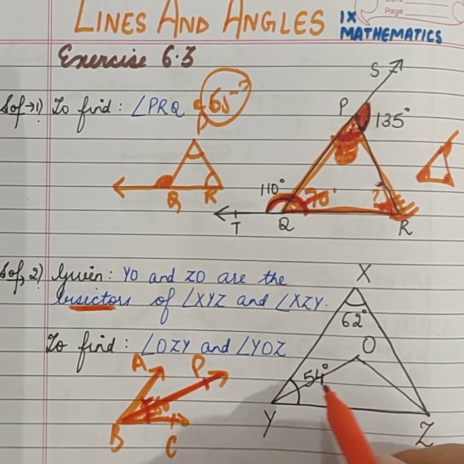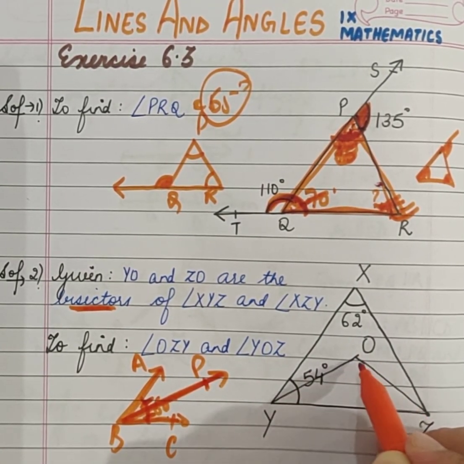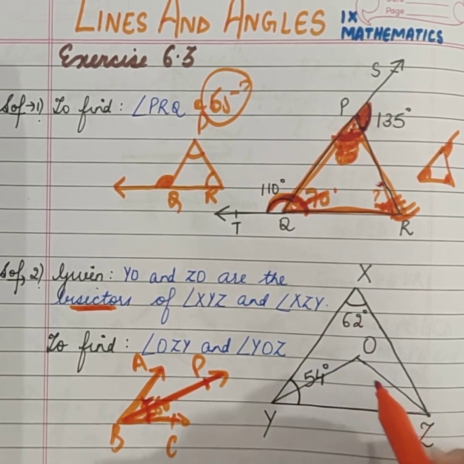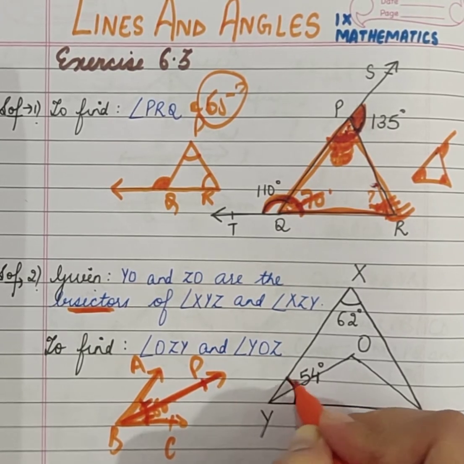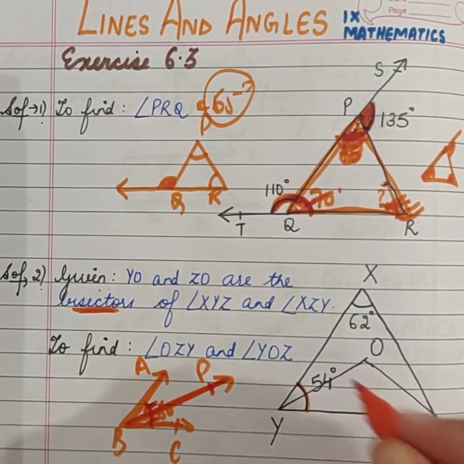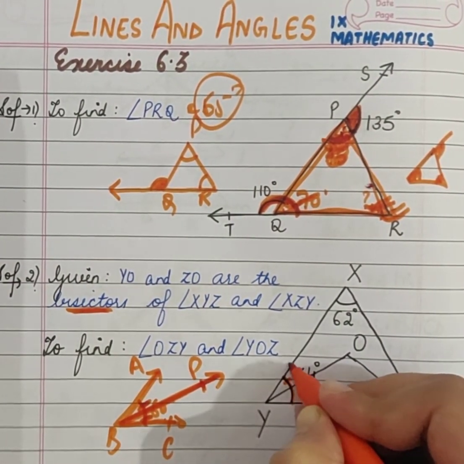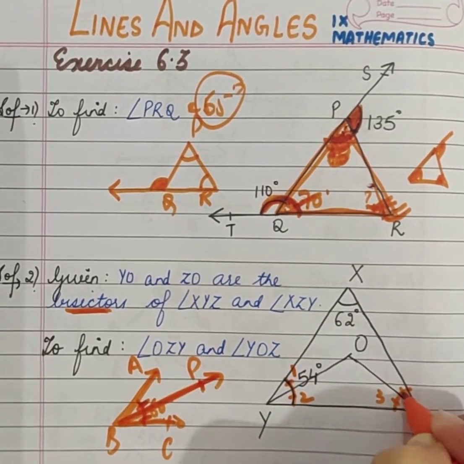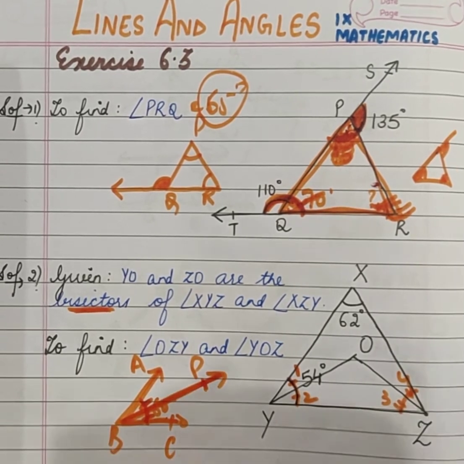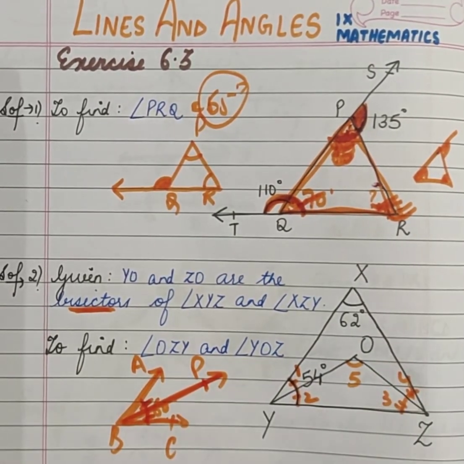So here also we have YO and ZO as bisectors of these angles. That means this line YO is dividing angle Y into two equal parts. Let me name these angles. I'll name this as angle 1, angle 2, let this be angle 3, angle 4, and let this be angle 5.